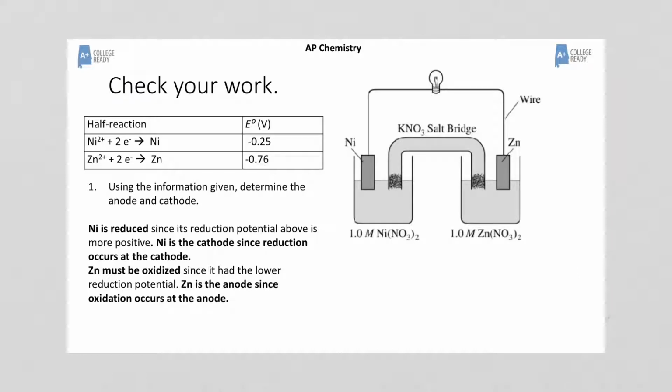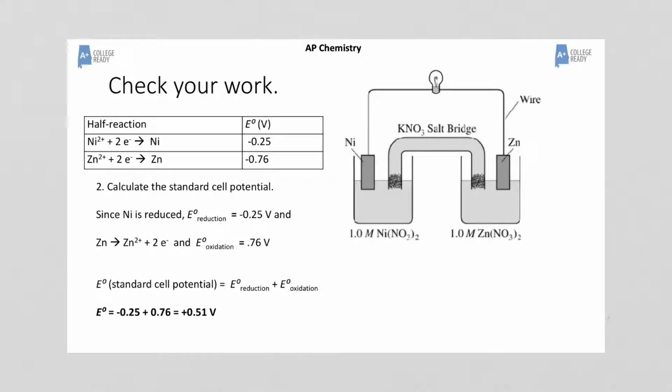The zinc half reaction would be reversed, and zinc would become oxidation, and we'll see that its cell potential will also be reversed as well. So the question is, what's the anode and cathode? The anode is zinc, since it had the lower reduction potential, so it is reversed, and nickel is the cathode, and it's reduced with the higher potential, and reduction occurs at the cathode.